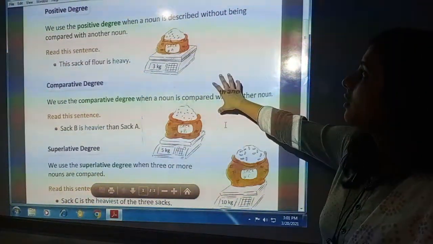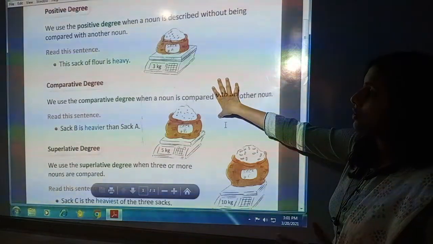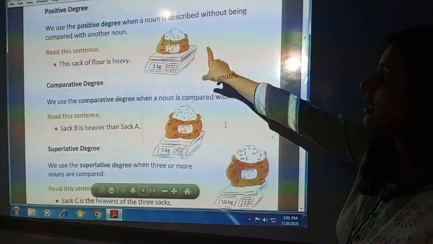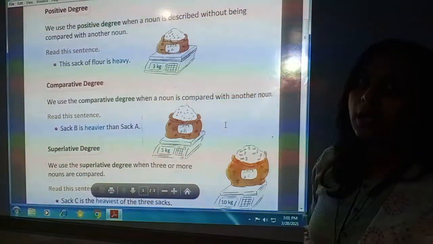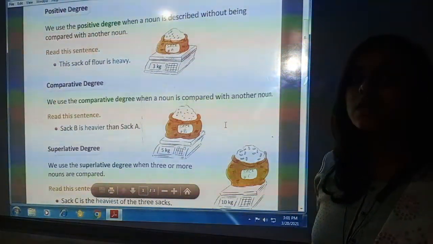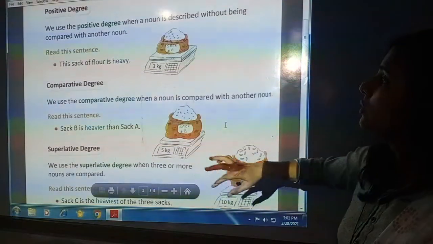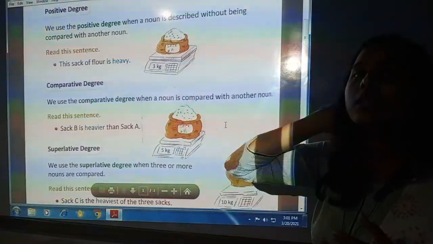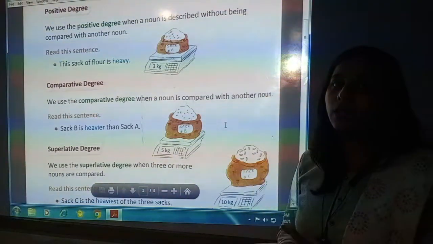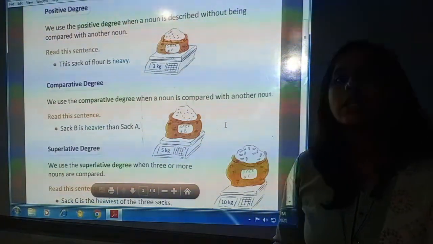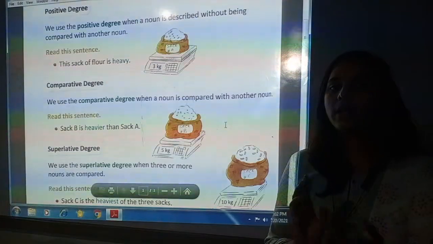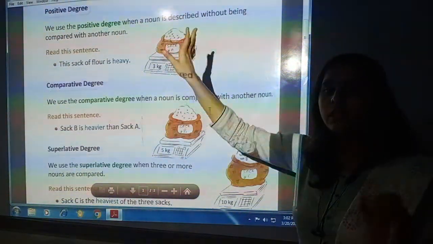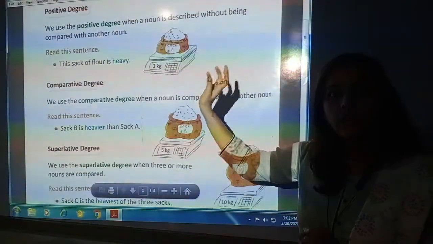The sentence given here is: the sack of flour is heavy. Heavy is the adjective. How is the sack? It's heavy. So here we can see that the adjective is used, but it is not compared with any other noun. That is called positive degree. Comparison is not made and only the quality of one noun is given, that the sack is heavy.